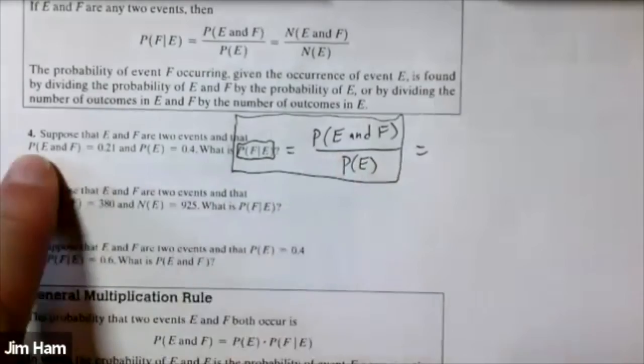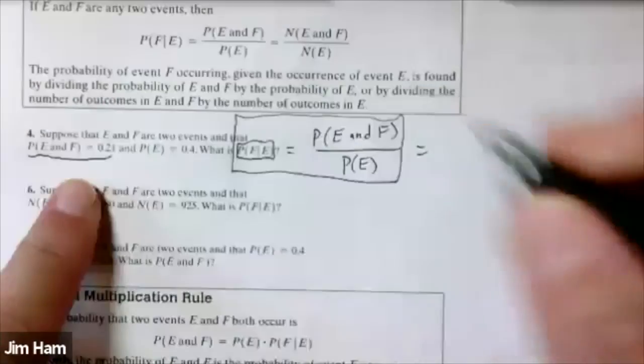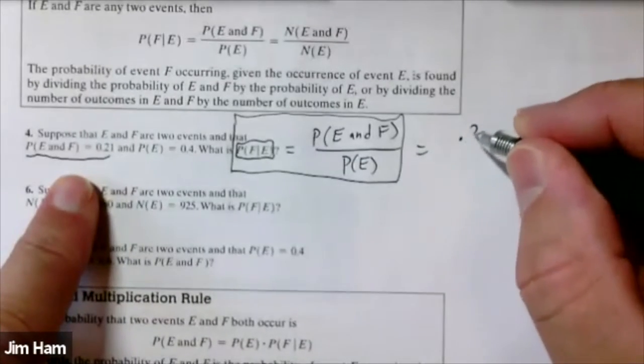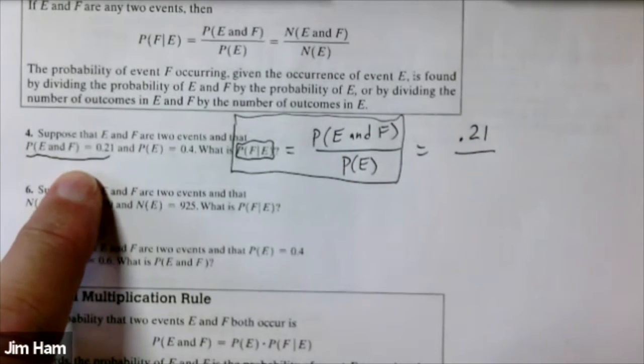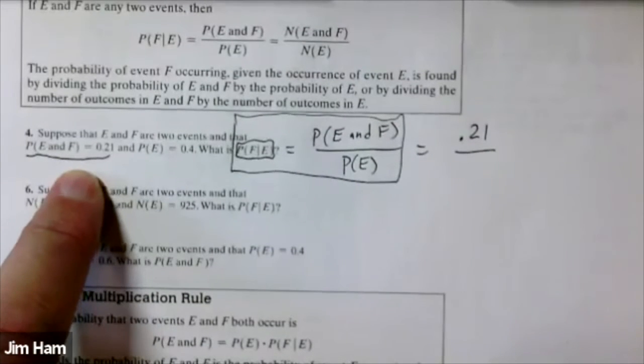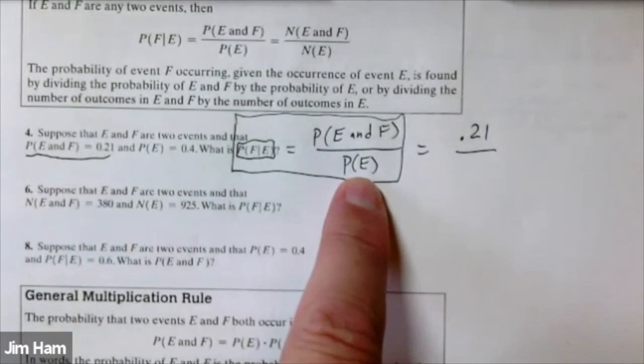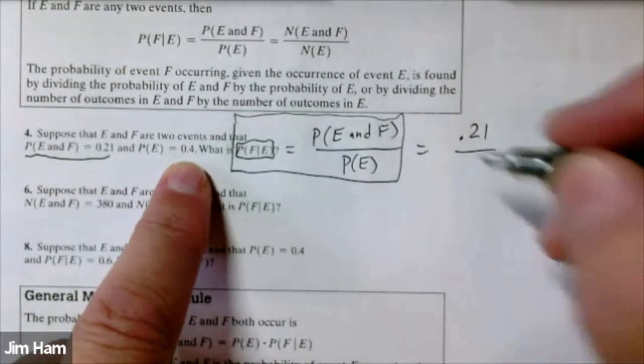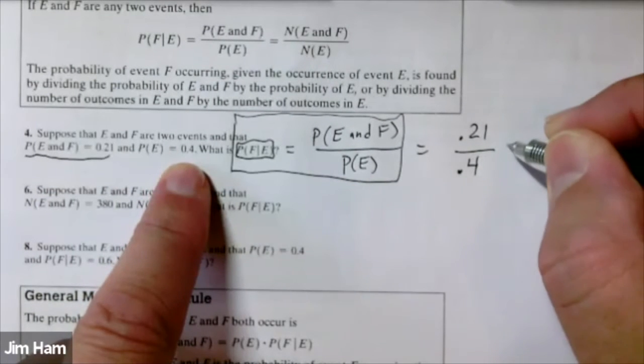So from the problem, we know that the probability of E and F is 0.21. So we're going to insert that numerical value in place of the probability of E and F. And then the denominator is the probability of E. And they also gave that number to us to be 0.4.